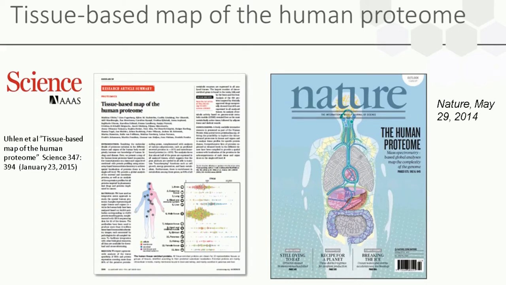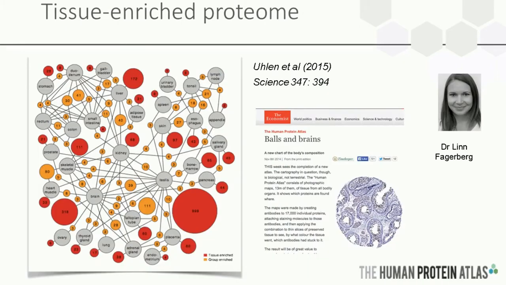The first map that we created was a tissue-based map of the human proteome. This was published first in Nature in 2014, and then in the Science article about 2 years ago, in January 2015. And in this article, we were describing the tissue-enriched proteins and the housekeeping proteins and so on.